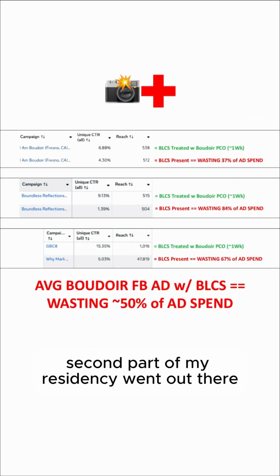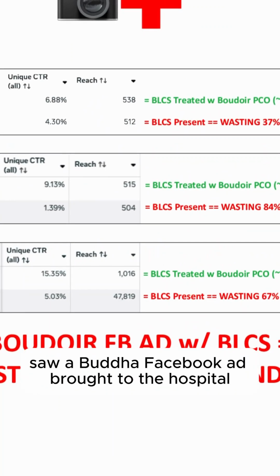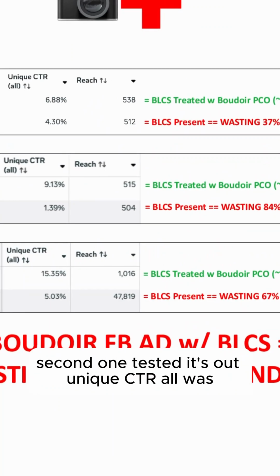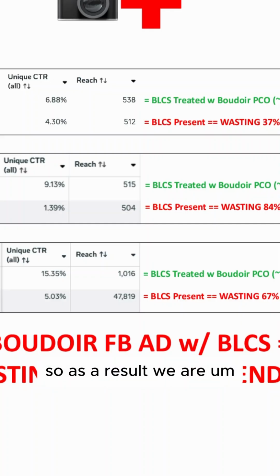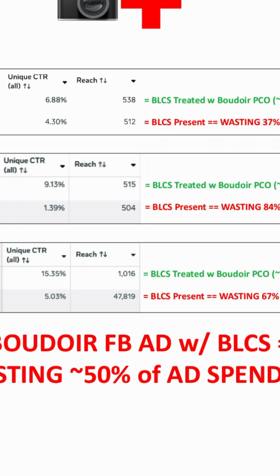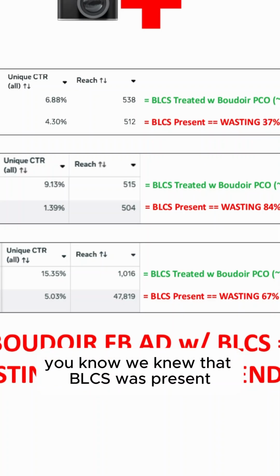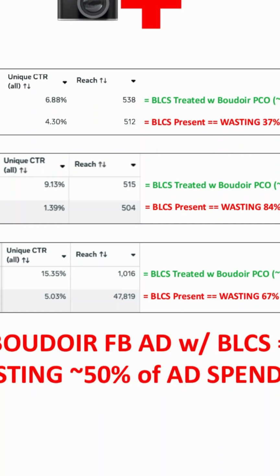Second part of my residency, went out there, saw a Boudoir Facebook ad, brought it to the hospital. Second one, tested it out, unique CTR was 1.39%. So we knew that BLCS was present.